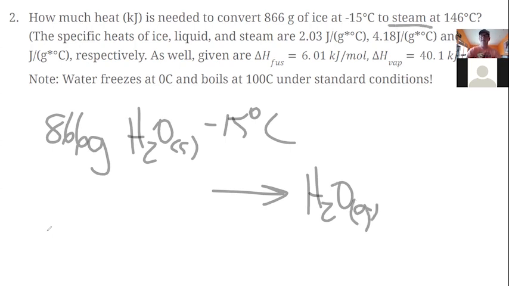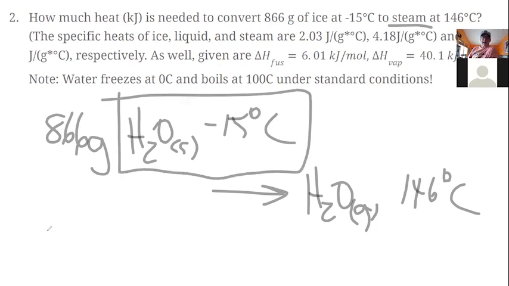That's gas, and 146 degrees C. So there's a lot going on. So what's the first thing we need to do with our solid ice, our solid water at minus 15 degrees? What's the first thing we need to do with that? Because there's a lot of transitions going on. What's the first transition?